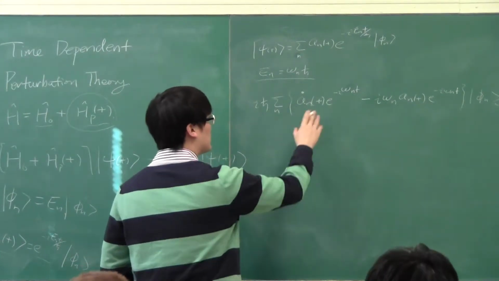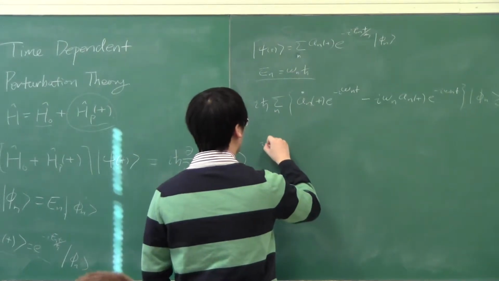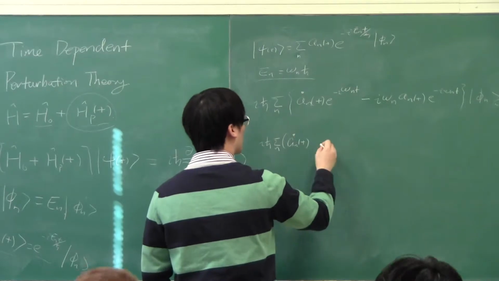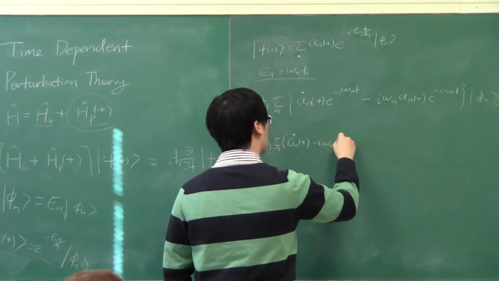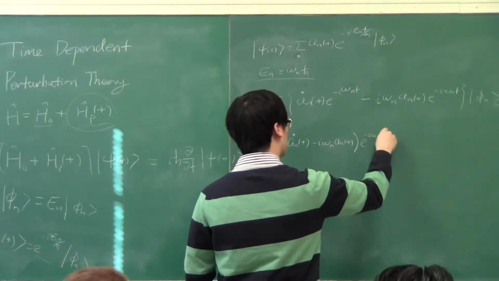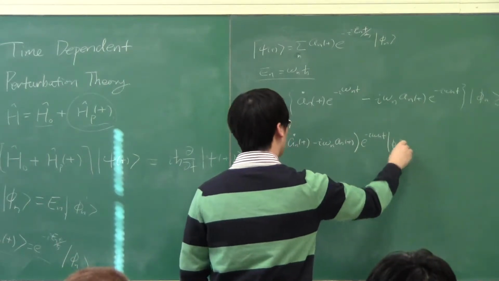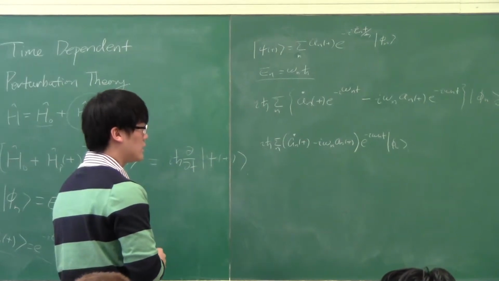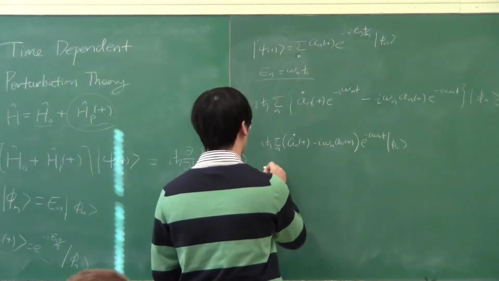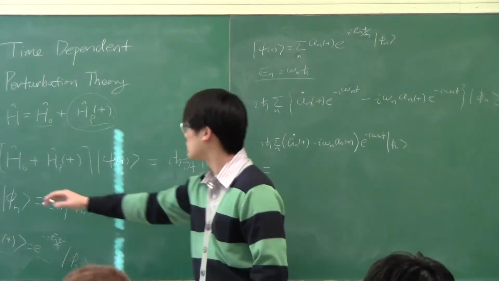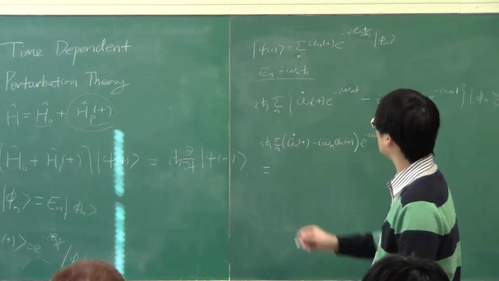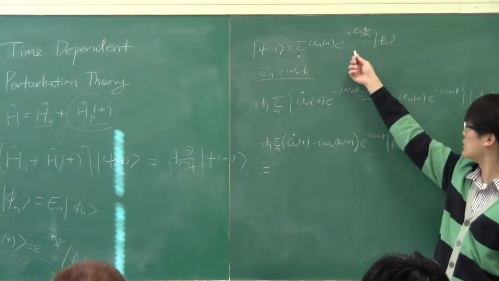And let's clean this up by saying this is equal to... So let's plug in the left-hand side. For the left-hand side, when H naught sees any of these, what's going to happen? It's not going to do anything to these terms.